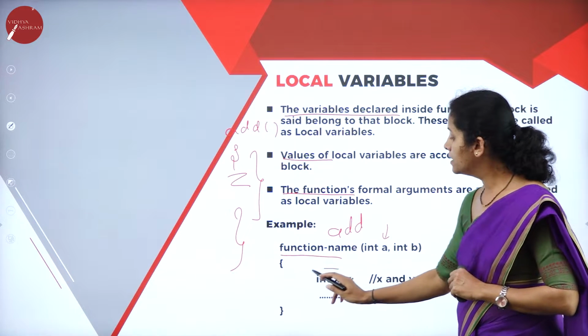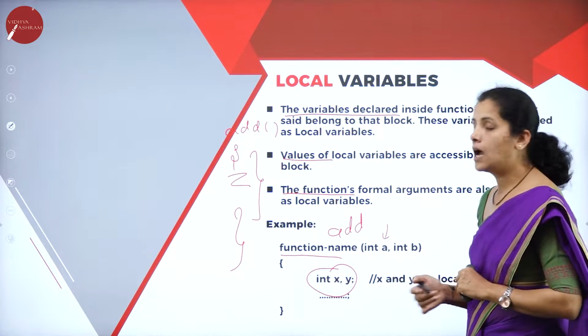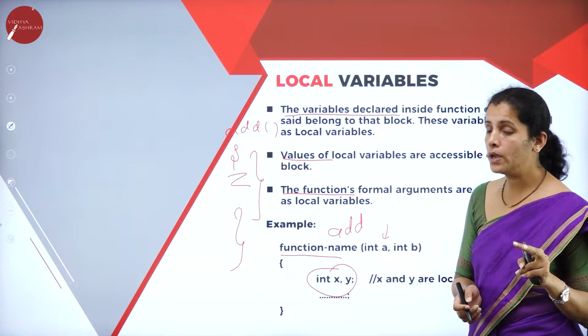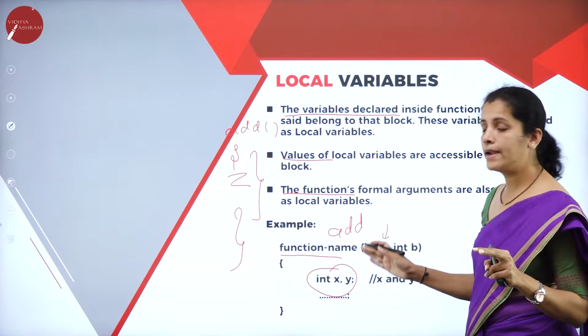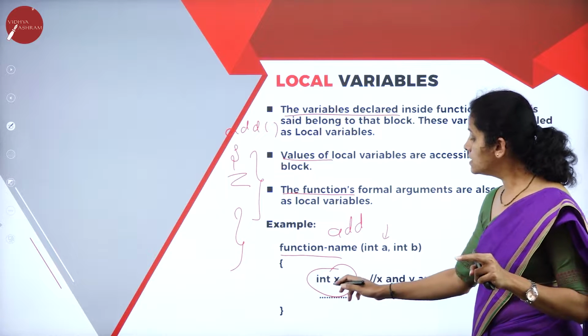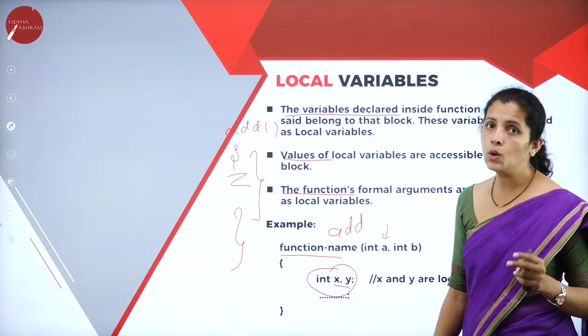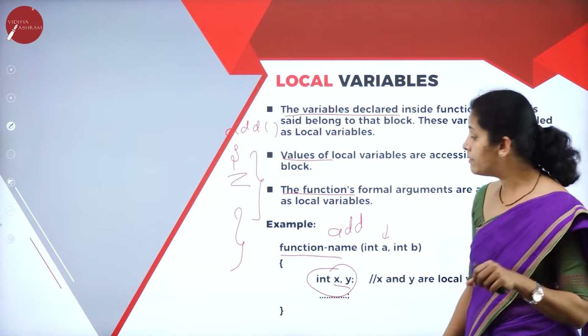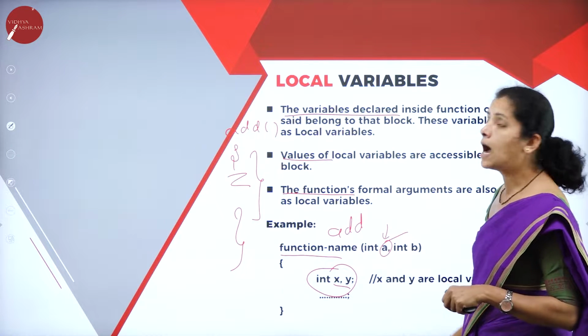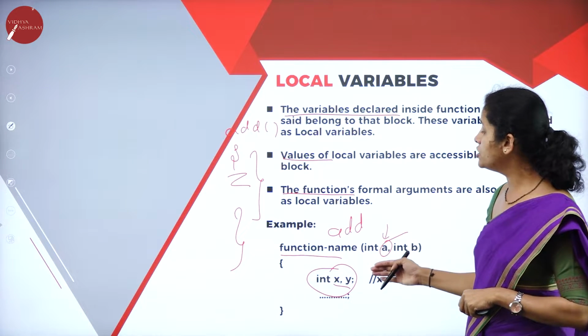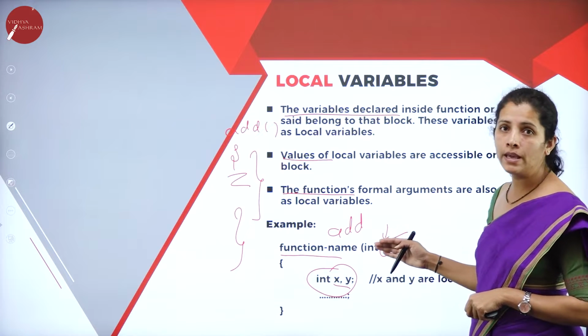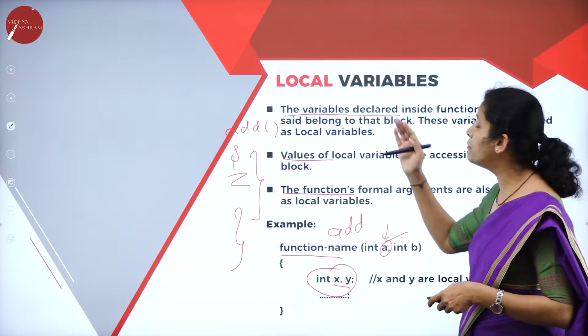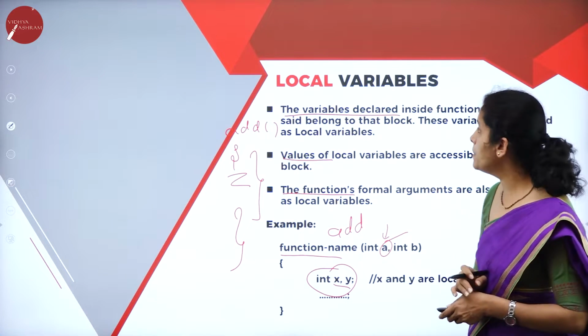And inside this function I'm having 2 local variables, that is x and y. Now, these are the examples for local variables, and whatever formal variables I have in my function, that is a and b, are also examples of local variables.